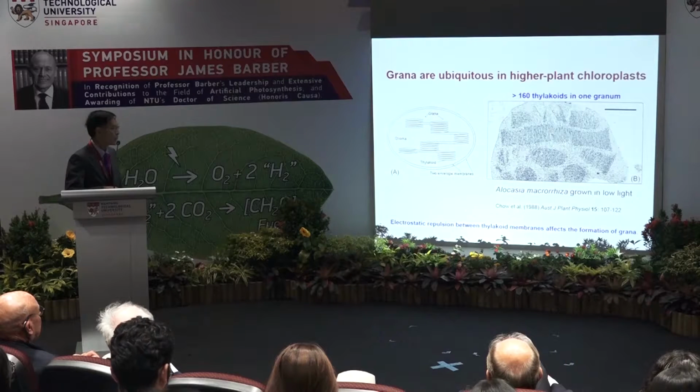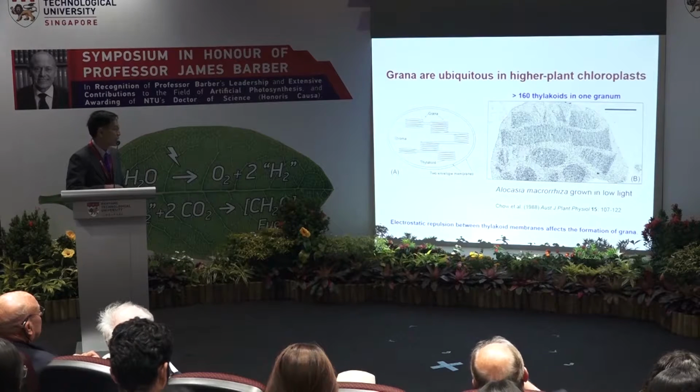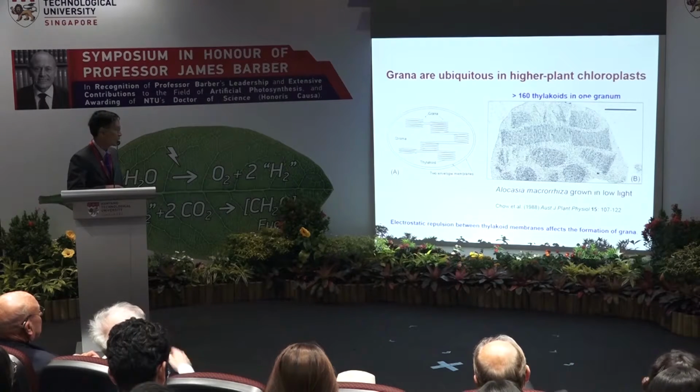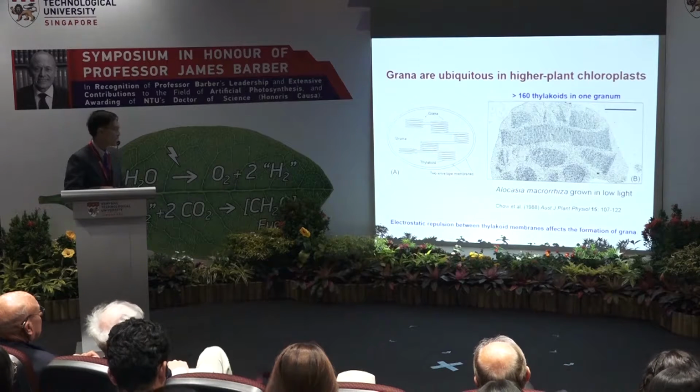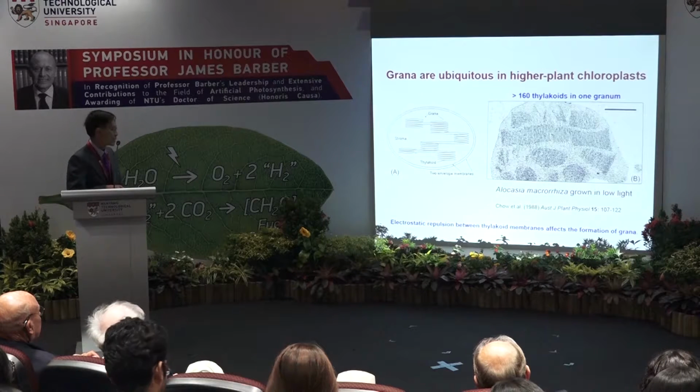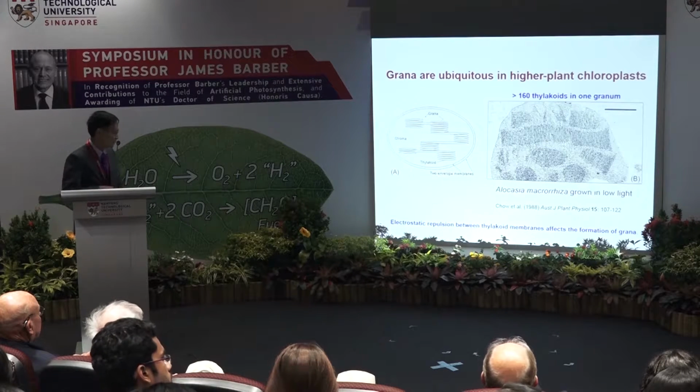And in some plants, they can be quite big, and this particular one from Alocasia grown in low light has over 160 thylakoids in one granum. And it's the electrostatic repulsion that can influence the size of these grana.